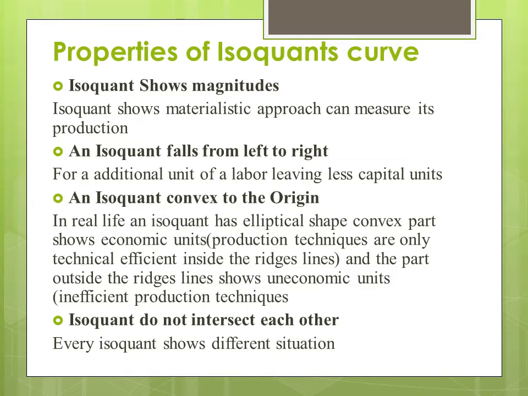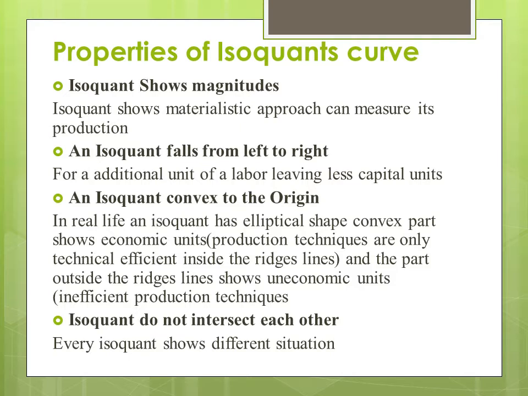In real life, an isoquant has an elliptical shape. The convex part shows economic units. Production techniques are technically efficient only inside the ridge lines, and the part outside the ridge lines shows uneconomic units, or you can say inefficient production techniques.